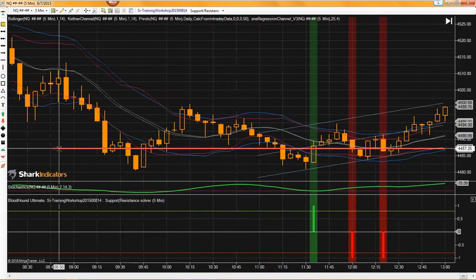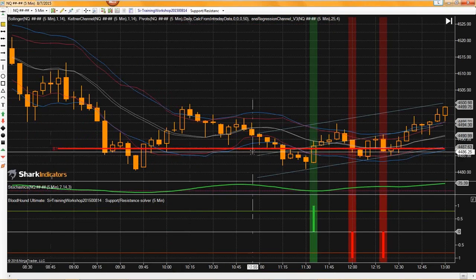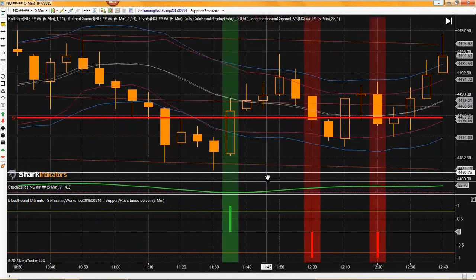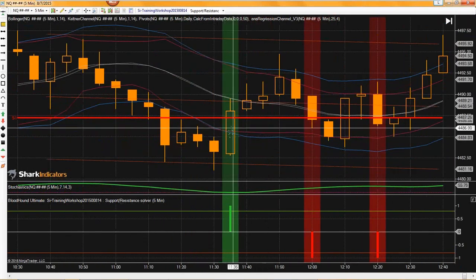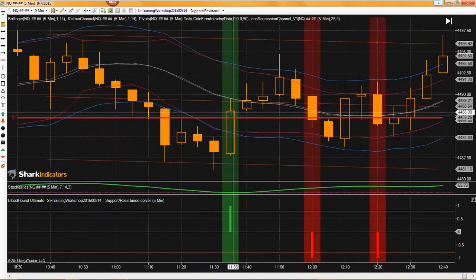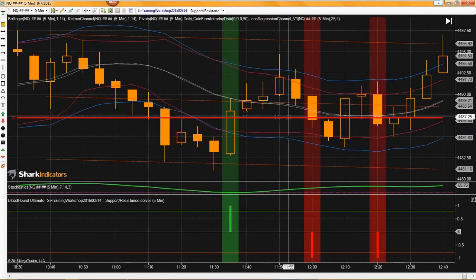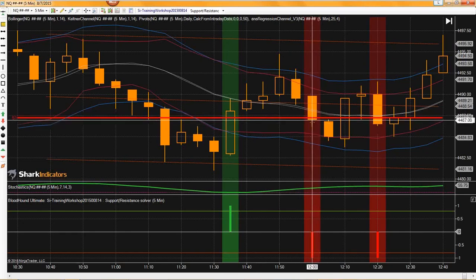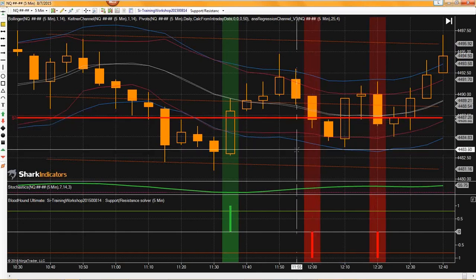There we go. Okay, so now S1 is a little easier to see. Let's take a look at this. Price basically broke the S1, and you got a long signal, and then it broke below it, and you got a short signal there.